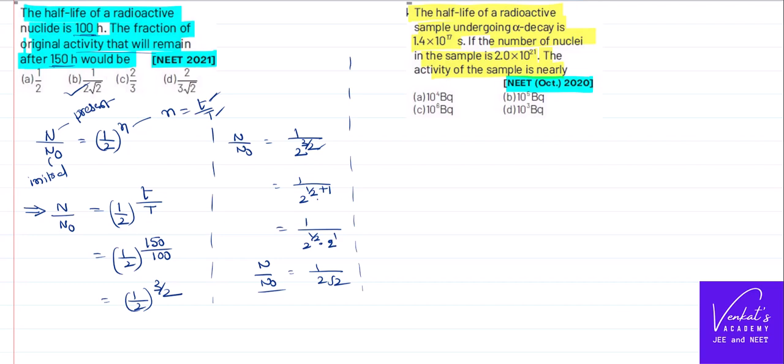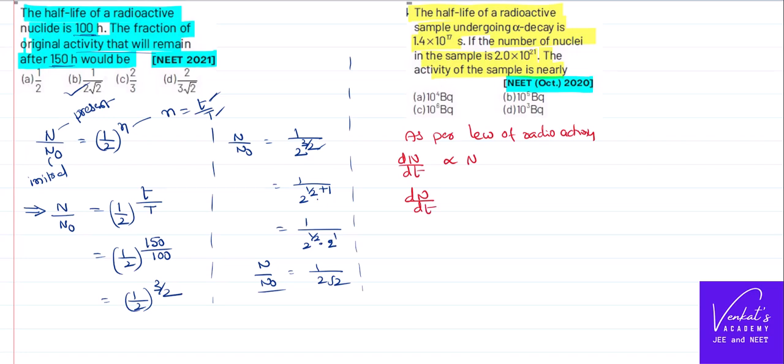To solve this problem, we shall know the basic law called the law of radioactivity. As per the law of radioactivity, the number of nucleons disintegrated per second, called the rate of disintegration, is directly proportional to the number of nucleons present in the nucleus.